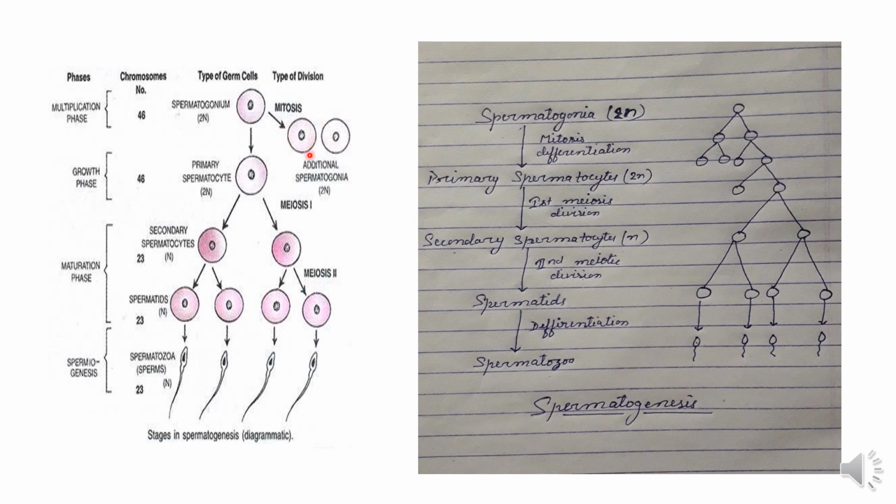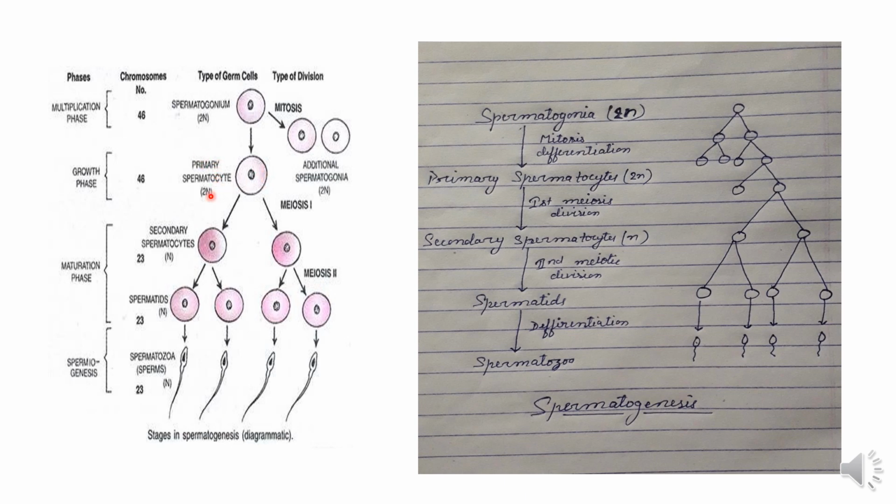Now let's take one of the cells. Each of these diploid spermatogonium cells will slowly increase in size with the accumulation of nutrient particles inside it, and it will attain a large size. Now this spermatogonium will be called a primary spermatocyte.